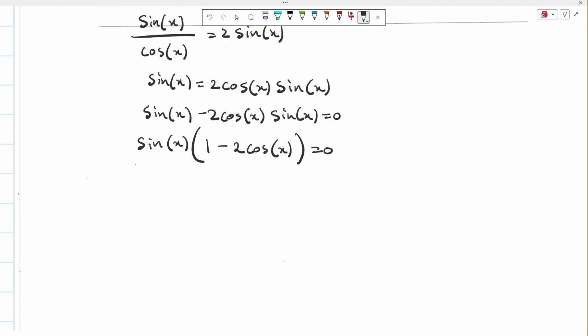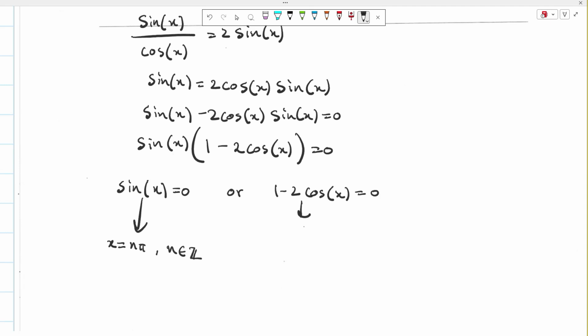Using null factor law, we get sine of x is equal to 0, or 1 minus 2 cos of x is equal to 0. If you solve the general solution for sine of x is equal to 0, you'll get x is equal to n pi, where n is an integer.